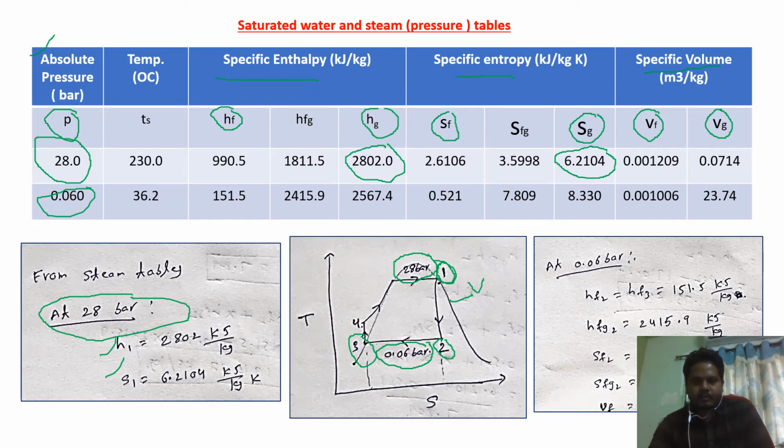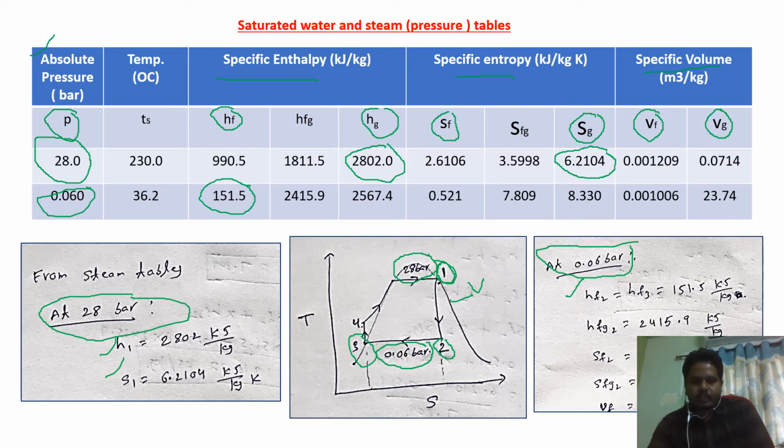So at 0.06 bar, hf equals 151.5. As we know, hf2 equals hf3, so that is 151.5 kilojoule per kg.